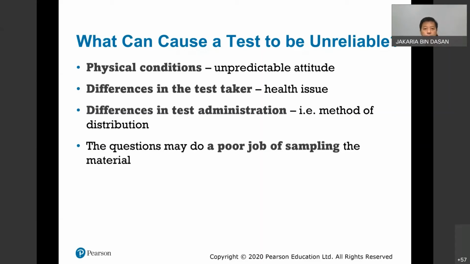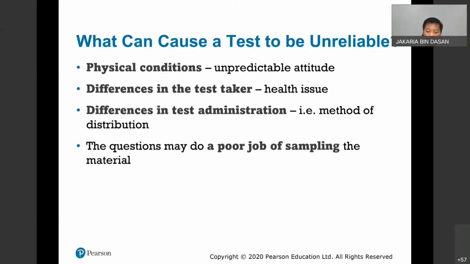I'm using the analogy of doing research in explaining this. Sometimes either method would not produce the expected purpose. So this is what we call differences in test administration, which might not suit the expectation of finding the right candidate, because the way we administer it is wrongly done and so on.